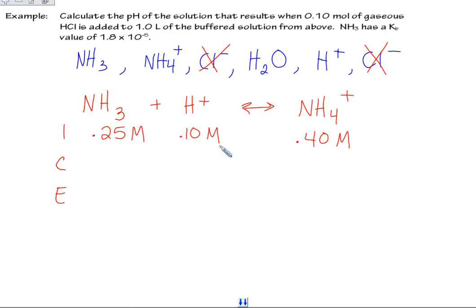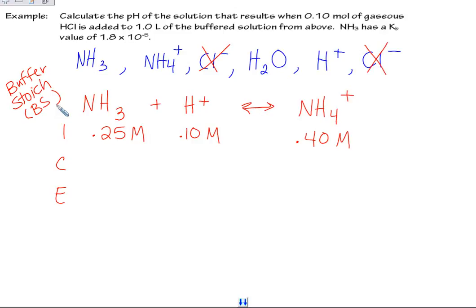This is what I call the BS, or the buffer stoichiometry. Before I can calculate the pH of this solution, I do have to do a little bit of an ice table. I have to figure out how these concentrations are going to change when I remove that extra hydrogen.